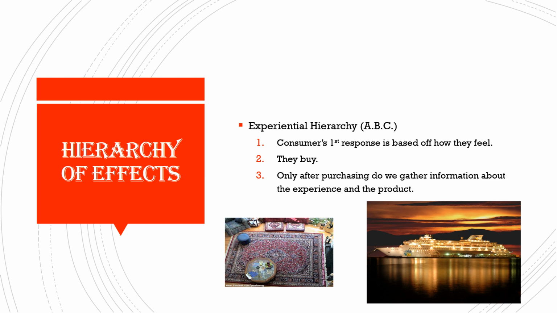It's only after purchasing the product that they gather the information, the cognition. So then they have to find out the extras that you have to get to be on the cruise ship, the accessories that come along with a rug, and so on. That's basically what we're talking about there. So these really are the three types: your standard learning hierarchy, your low involvement hierarchy, and one based on feelings, the experiential hierarchy.